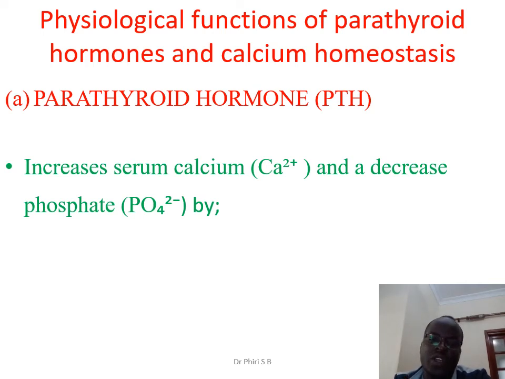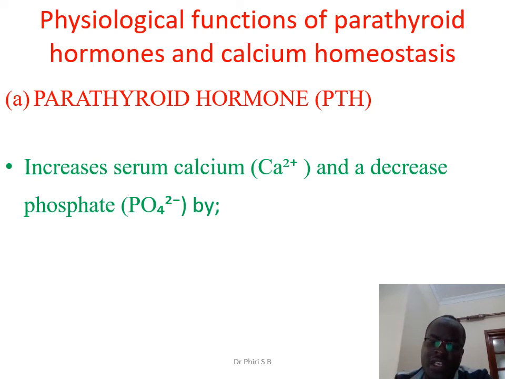It's also going to increase bone resorption. You're mobilizing calcium and phosphates from the bone. But when it comes to the kidneys, the parathyroid hormone is increasing the reabsorption of calcium from the kidneys. Then it's not enhancing the reabsorption of phosphates.